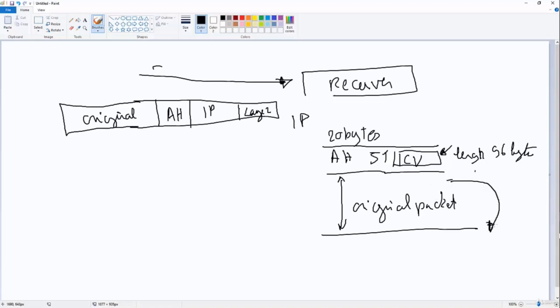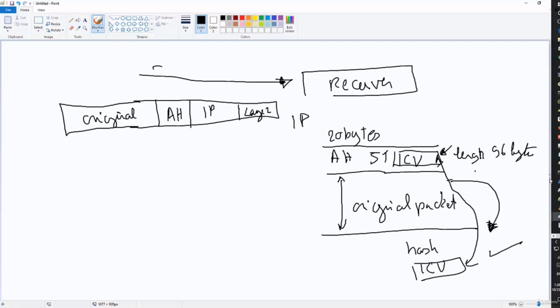It knows that everything after the 96 bytes is going to be the original packet. So then it extracts the original packet. And then it runs the hash algorithm and comes up with its own ICV calculation, and then compares the two. And if they are equal, everything checks out.